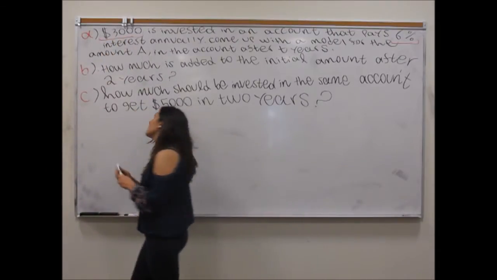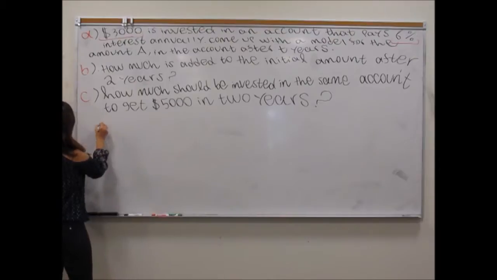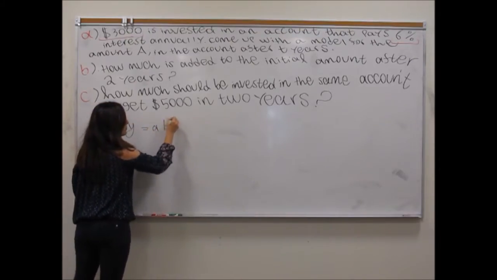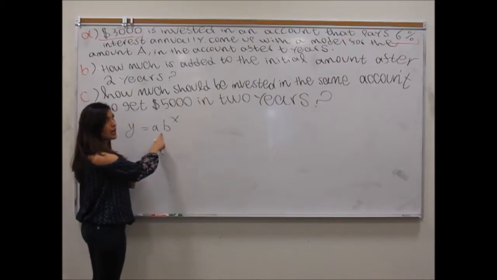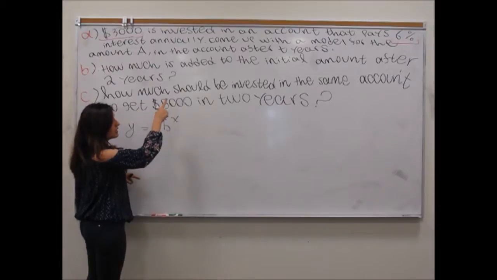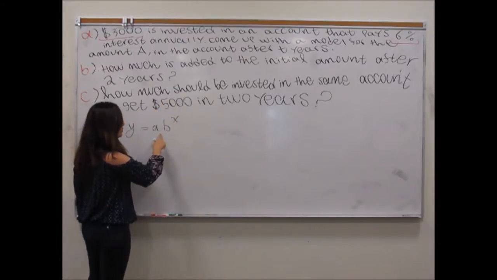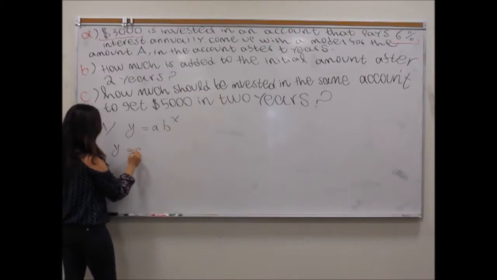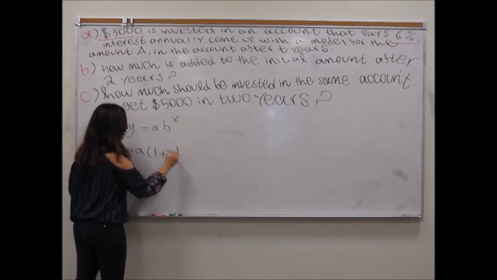So for part A, in the model y equals a times b to the x, I have a percentage, so instead of b, I'm going to write 1 plus r, and it's increasing, so it's plus r. 1 plus r to the x.